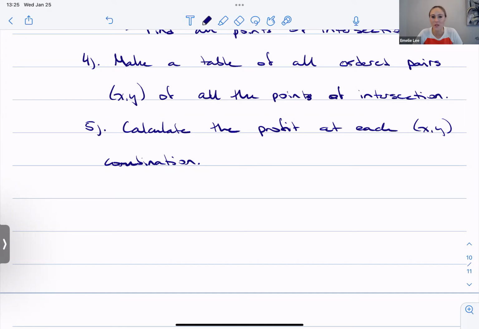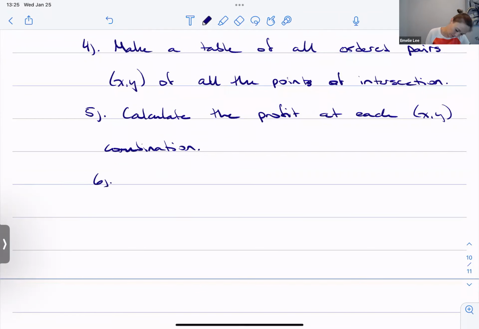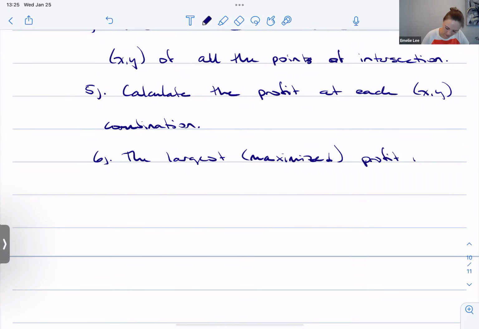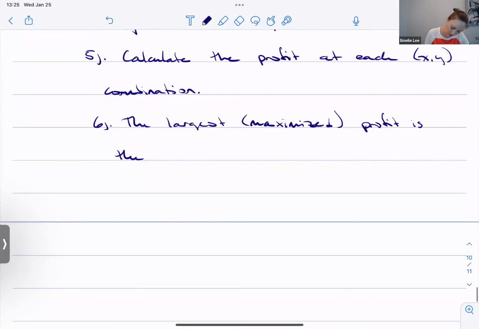Once you have those profits, knowing that it's maximized at one of those points, right, then the largest profit that you found is the maximized profit. So the largest, which is maximized profit, is the optimal solution. That's the solution that you want. Okay.